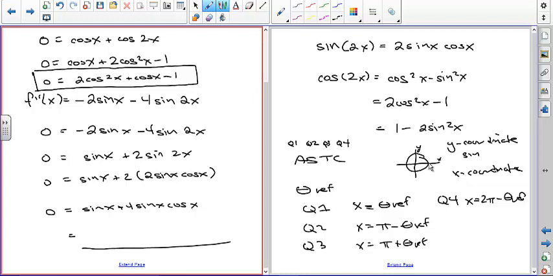Well, that's when the y coordinate is 0. So the sine is 0 at 0 and at pi radians, and the cosine is 1 at 0 and negative 1 at pi. At pi over 2, the cosine is 0 and the sine is 1. Here the cosine is 0 and the sine is minus 1, just by doing that. So you won't need to use the reference angle for every possible solution. Some of them you can use the axis of the unit circle.